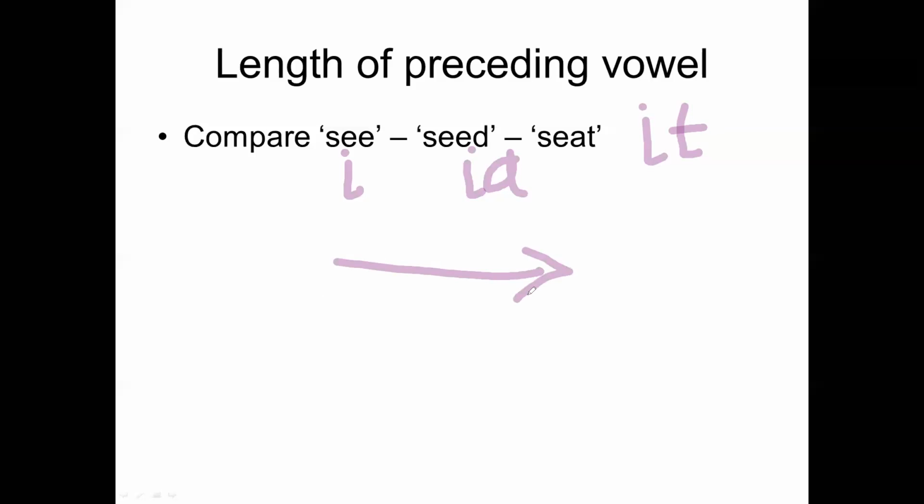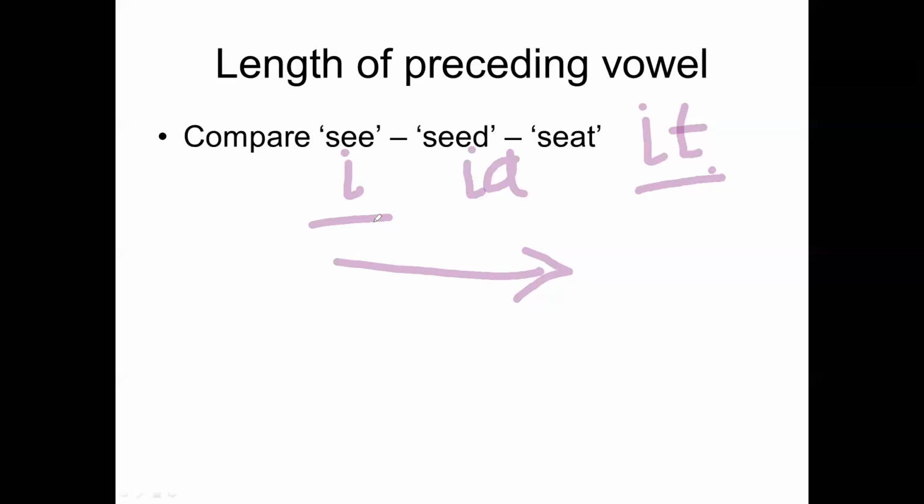And why that happens is because the last one we say is with this fortis consonant at the end here, "t." And we talked about those being longer sounds before. And to compensate, we change the length of a vowel that might be around there. So in the word seat, the E tends to be shorter than seed, or especially "see," where there's nothing after that vowel at all.